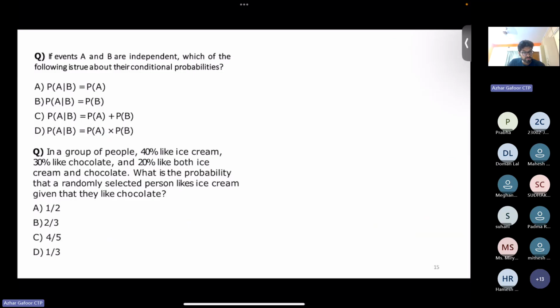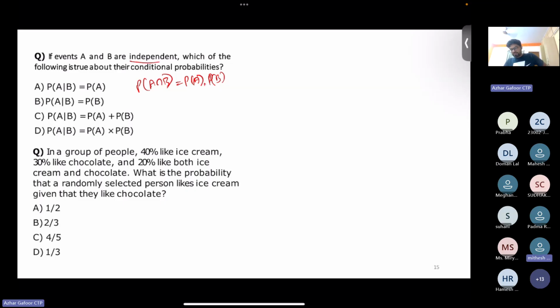So if this concept is clear, you can answer these questions. Try to write the equation. Here I will give a clue: if A intersection B is equal to P of A into P of B, this is the independence condition.